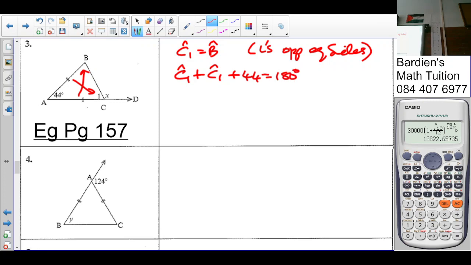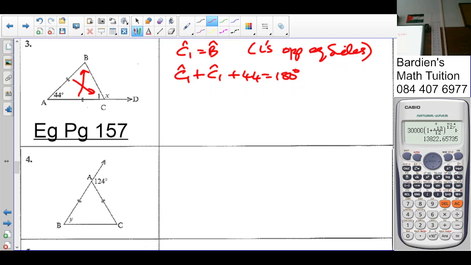180. Okay, now just one step back. Why did I say C1 plus C1 and not C1 plus B? Because they are the same, yes? But why else am I using C1 twice instead of C1 and B? Because we only have one variable in the sum.